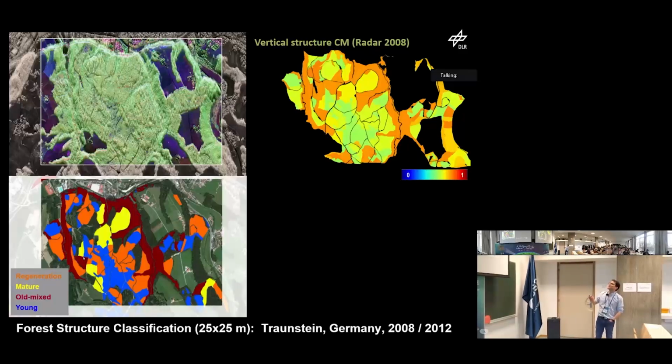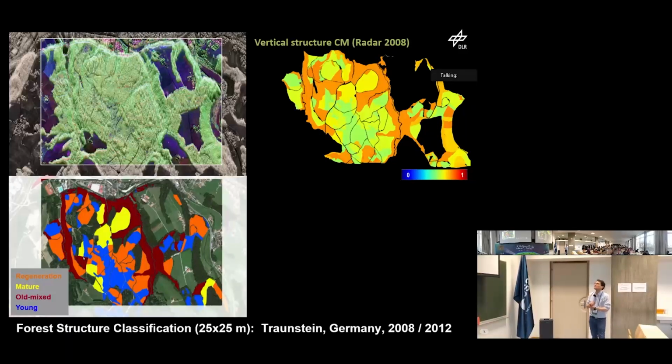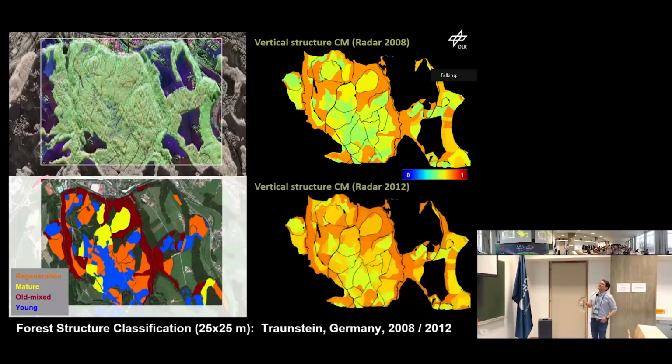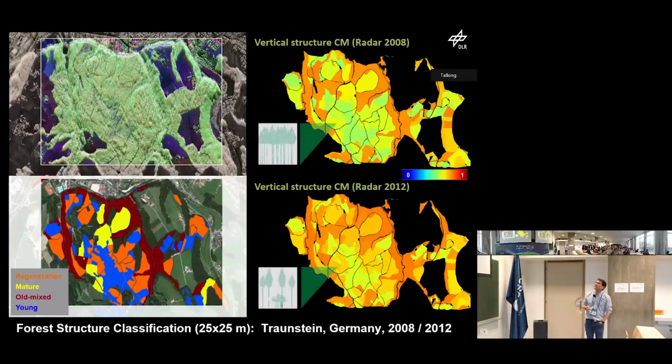This was the vertical structure as it looked in 2008. This is a map obtained from tomographic profiles. After 4 years, you see the vertical structure is increasing, so it's becoming more heterogeneous. This indeed reflects the management practices.